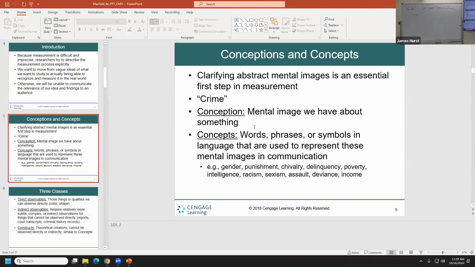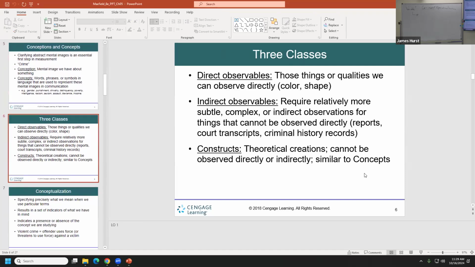All right, so concepts. You know what this is. I don't need to spend too much time on there. Basically, mental images. Whole bunch of them they give you. Some are direct, some are indirect. Some things you can look at and see, some things you can't. Color and shape, those are pretty straightforward. Indirect.